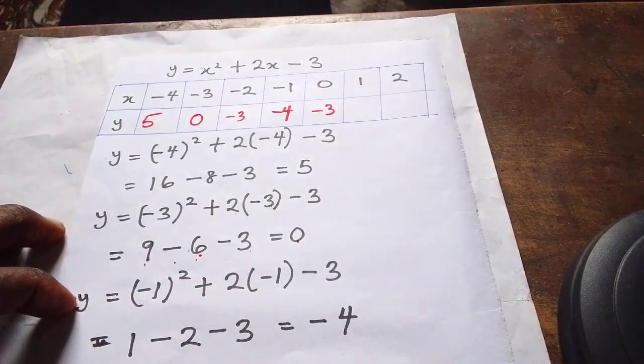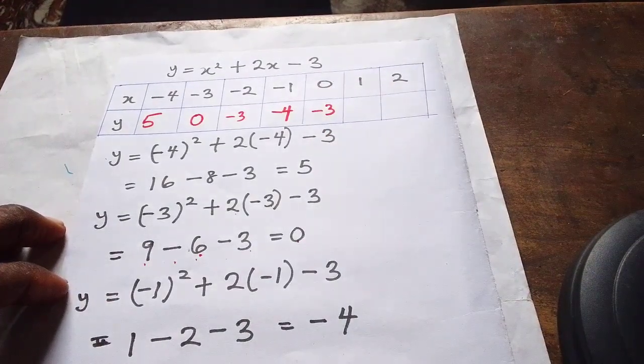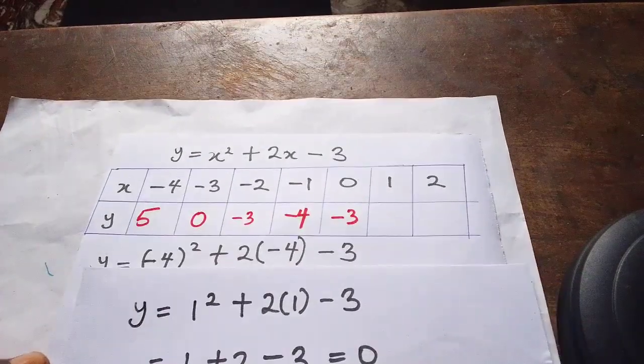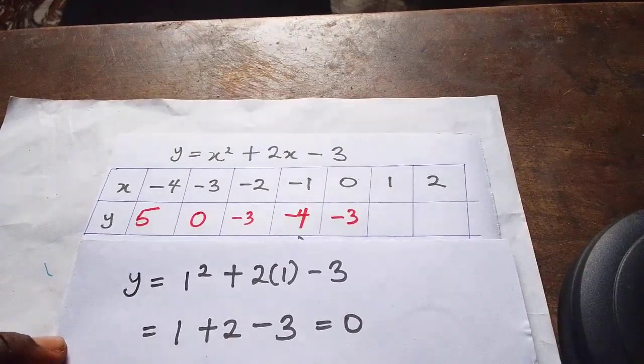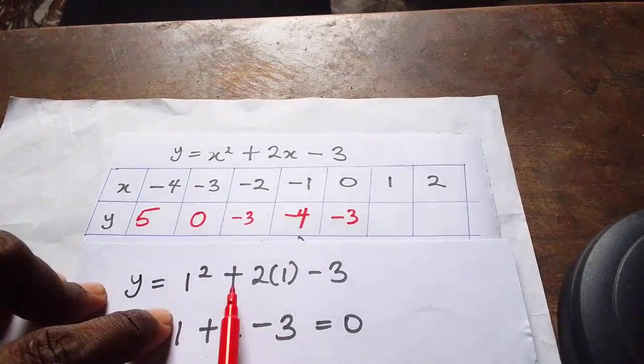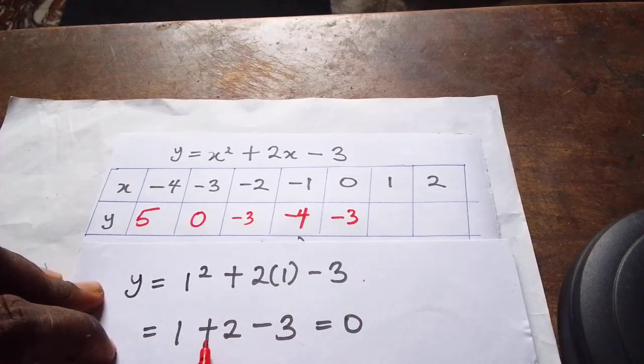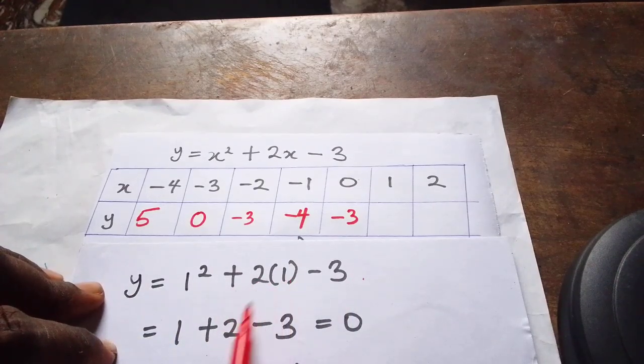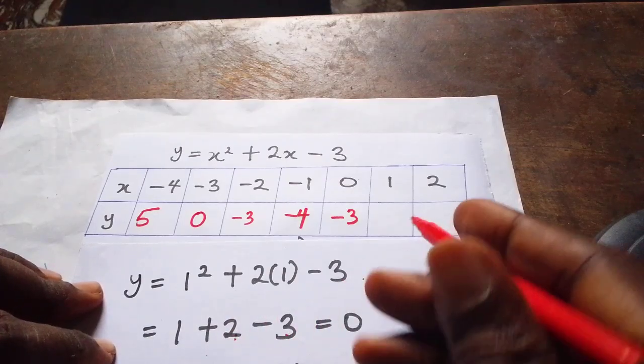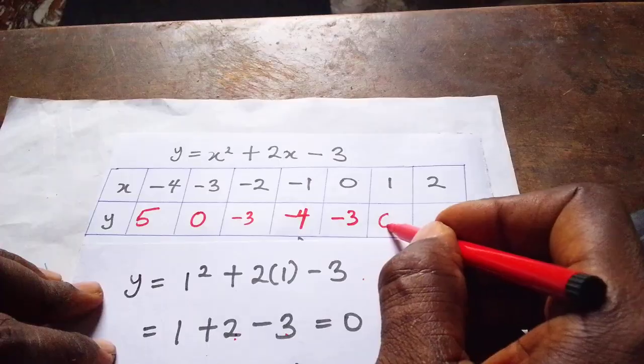When x is 1, what will be the value for y? Substitute 1 for x: 1 squared plus 2 times 1 minus 3. 1 squared is 1, 2 times 1 is 2, so 1 plus 2 is 3, and 3 minus 3 is 0. When x is 1, y is 0.